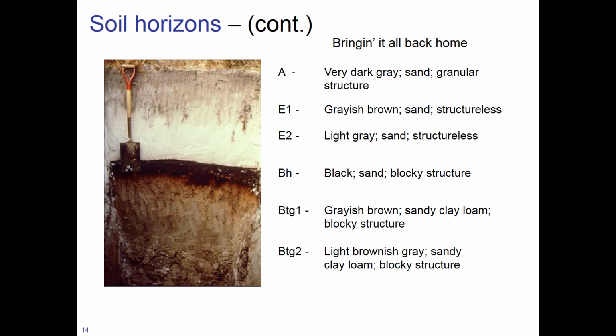And then we go from a sand texture. We have sand textures all the way through the Bh until we get to the Btg1. So we have the t, which indicates that we're inferring that there has been an alluvial accumulation of clay, that is a translocation from above, and that is reflected in the sandy clay loam texture.